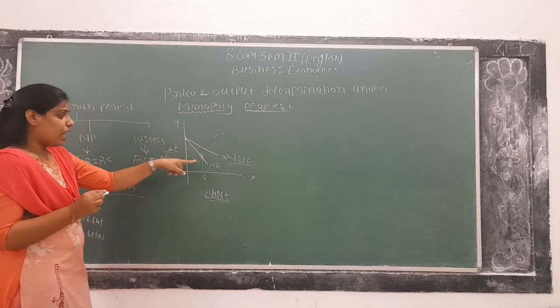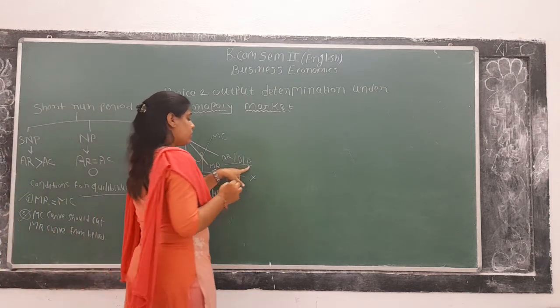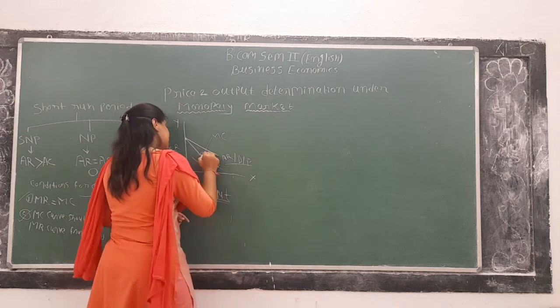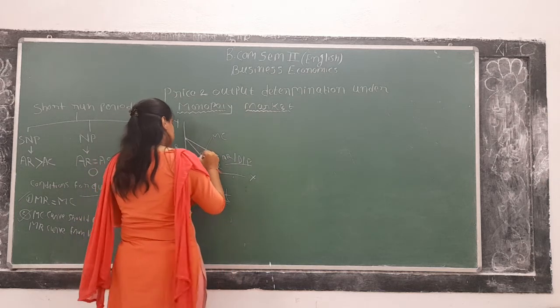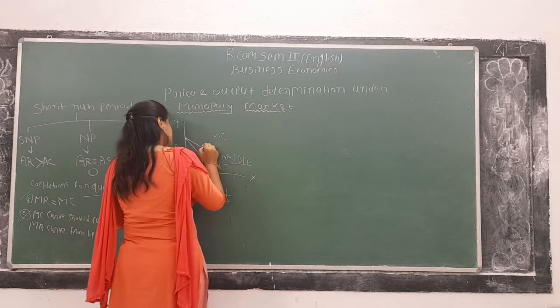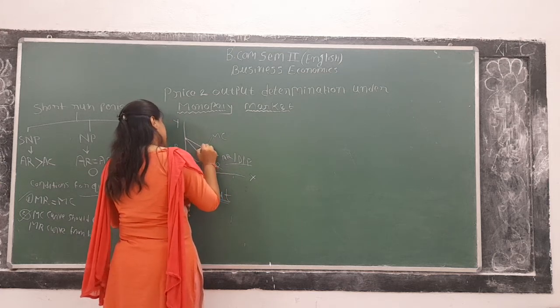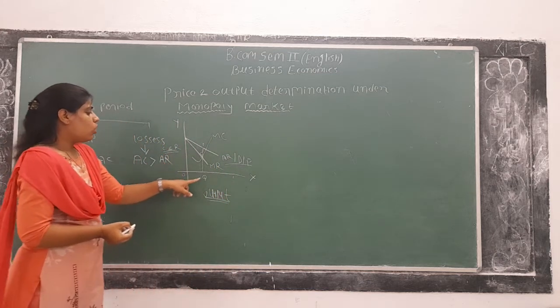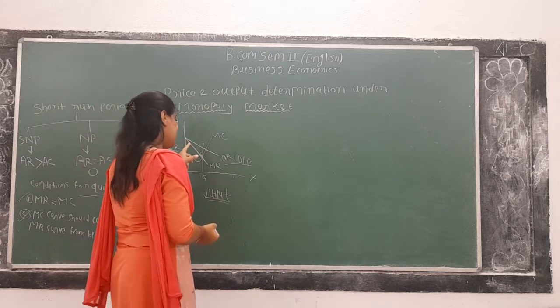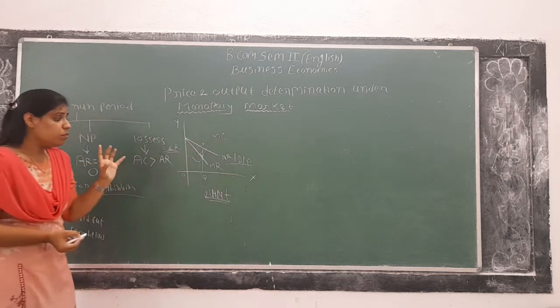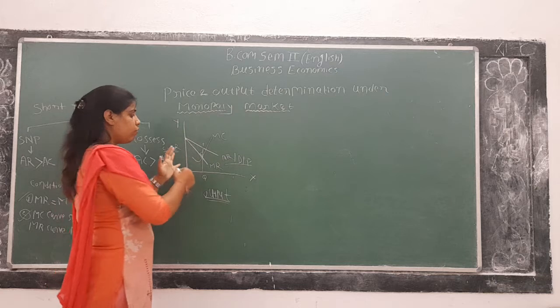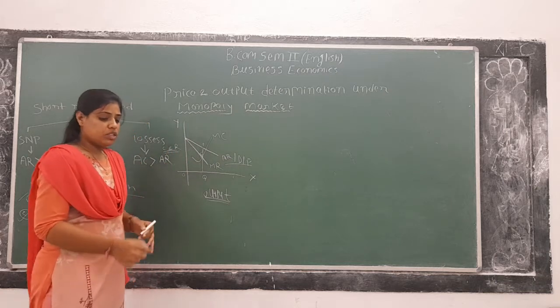I have told you that AR is also considered price. So if we extend this line to the average revenue curve, it will give the price as well. Here, when OQ quantity is sold at OP price, the firm is in the equilibrium position. This is how the firm achieves the equilibrium position.